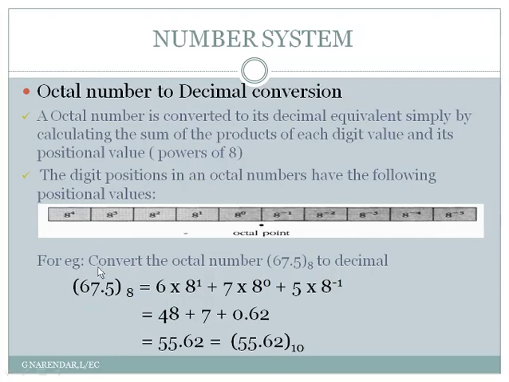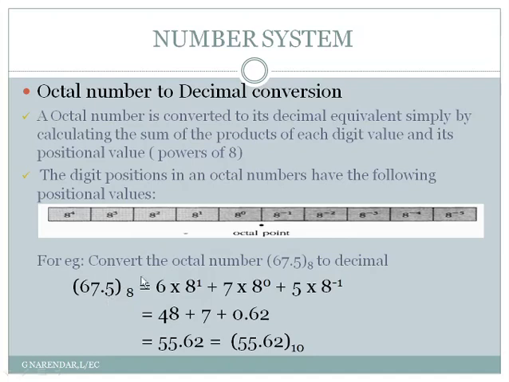The example goes like this: convert the octal number 67.5 to decimal. We cannot read it as sixty-seven point five because it is not a number from the decimal number system. Observe that this is an octal point, and to the right side you have the digit 5.